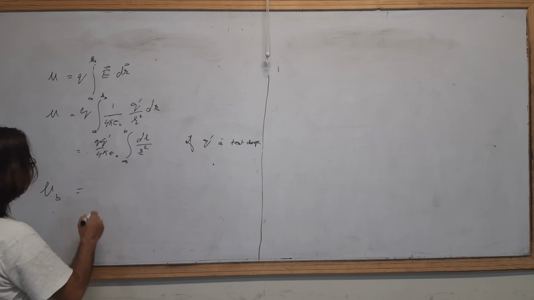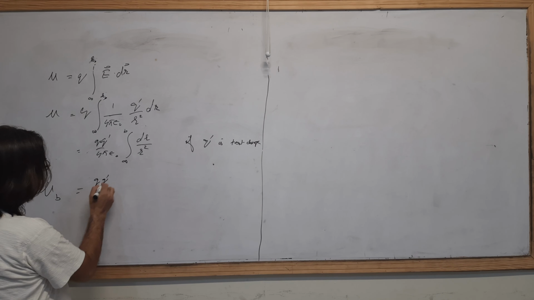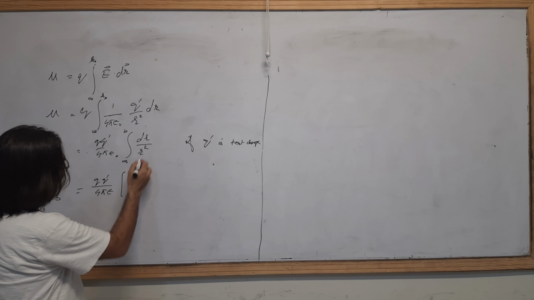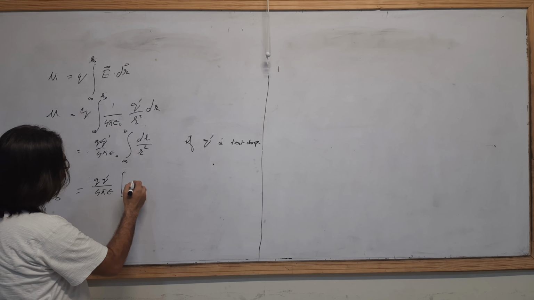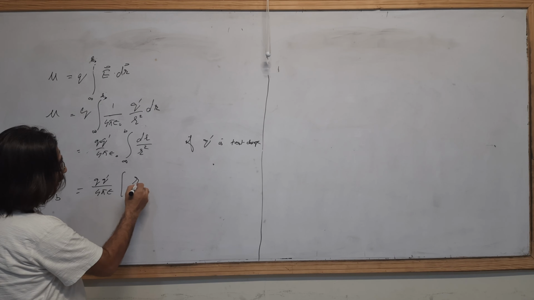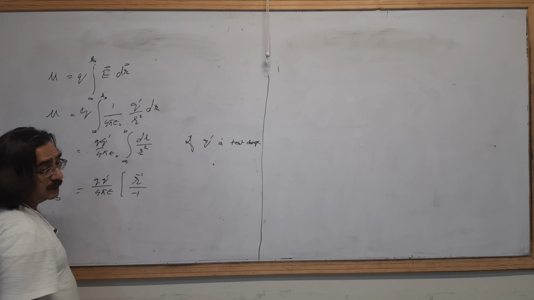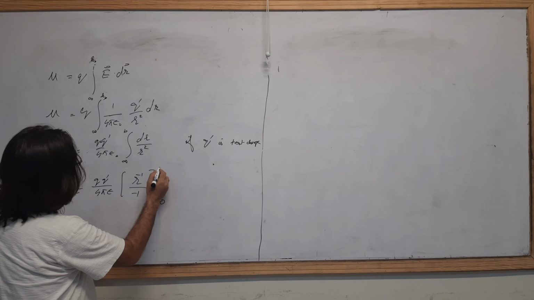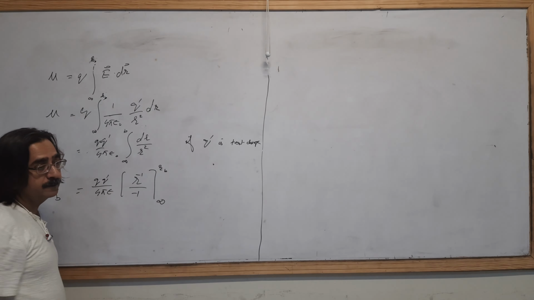So that will be Q prime over 4 pi epsilon, r to the power minus 2 becomes r to the power minus 1, from infinity to rb.